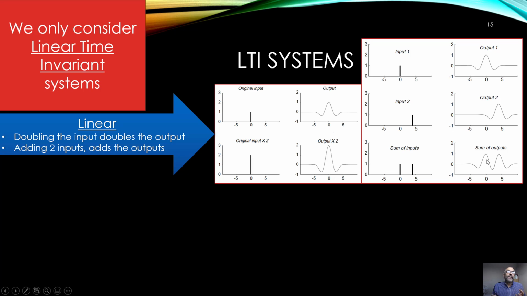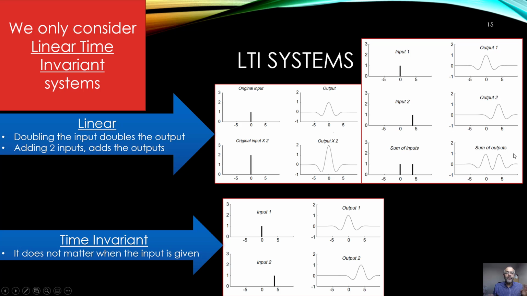With our feedback control systems, we can only handle processes that behave like that, that are linear. And what does time invariant mean? Time invariant means that it should not matter when you give the input. If I give the same input now, or 4 seconds later, or a day later, or a week later, it shouldn't matter.